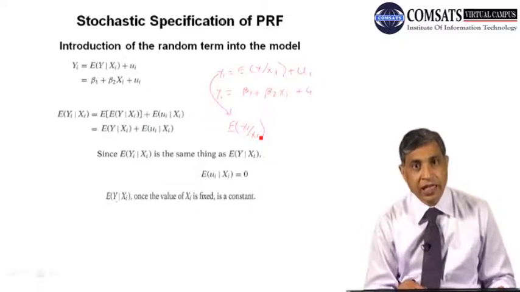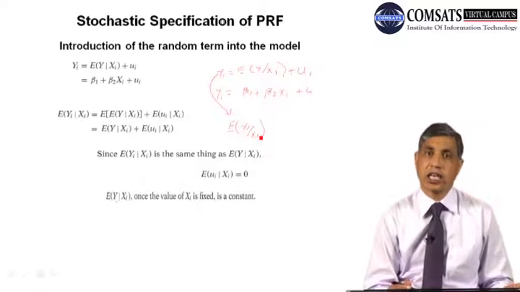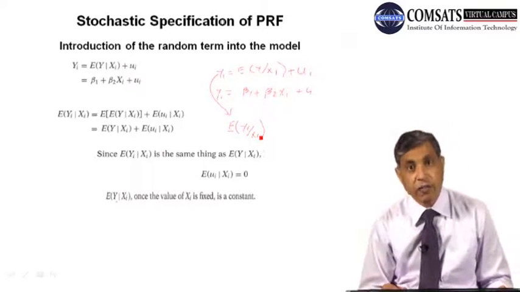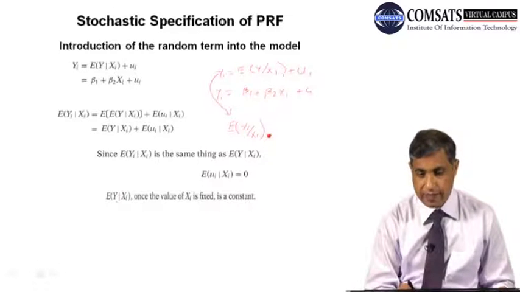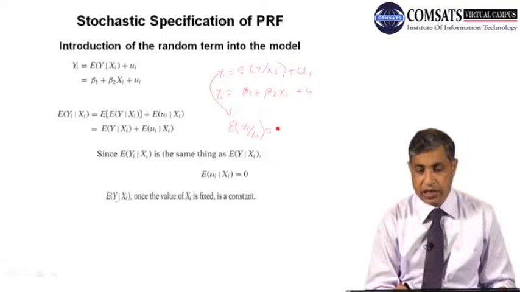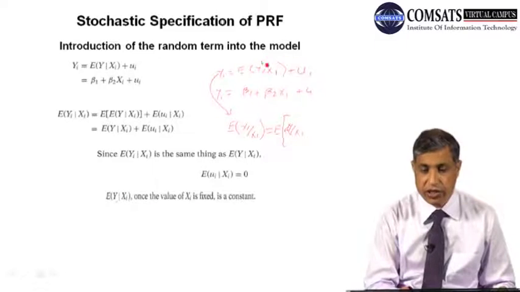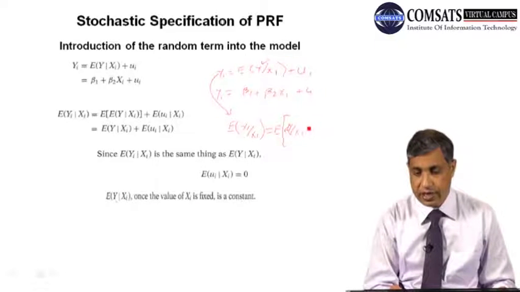If I only apply the expectation, I will call it the expectation, but I have applied the conditional expectation. And now it is the expected value of y given xi. I am writing this equation here, y plus expected value of ui given xi.